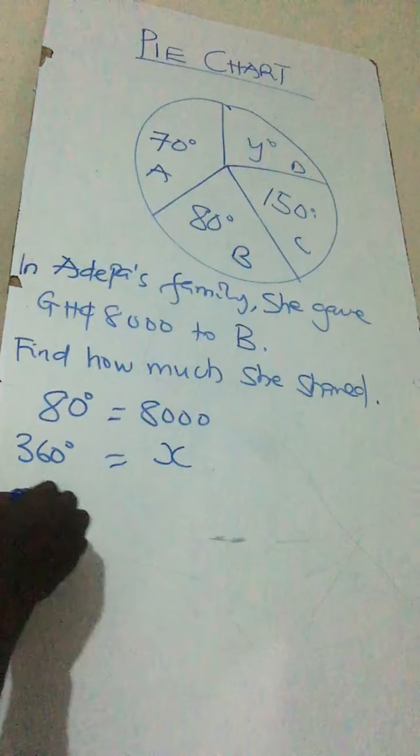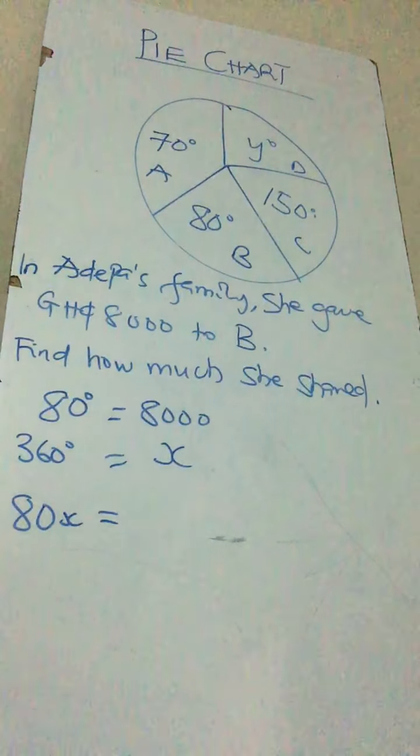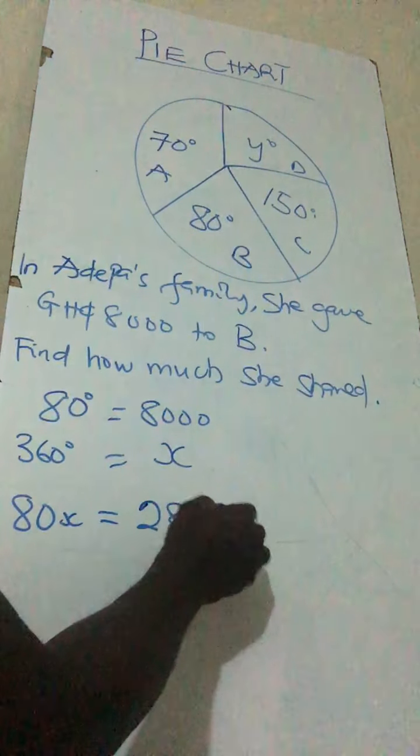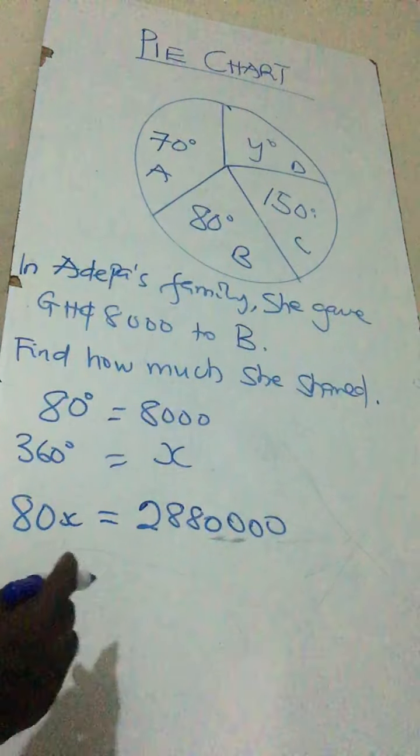And so we get 80x equal to 8,000 times 360. All right, so we get 2,880,000. So this is what we get.